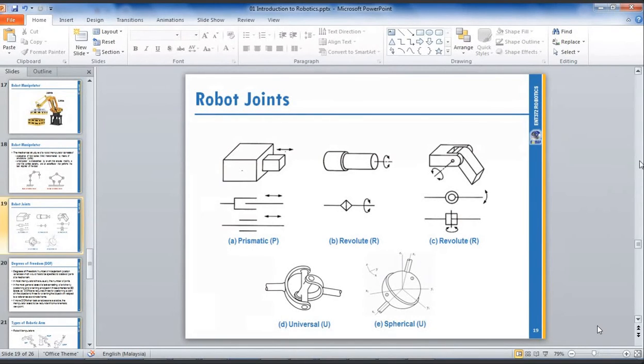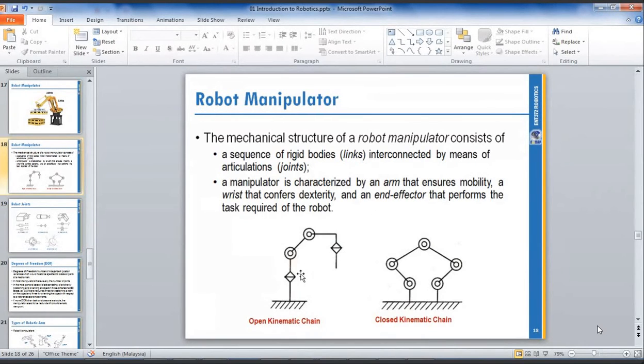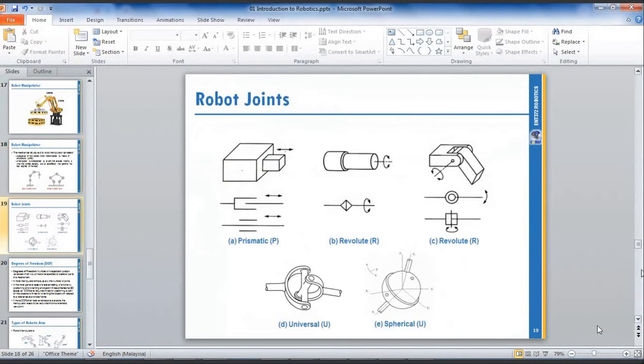You can see here, this is revolute at the bottom side. This is revolute at the arm side. But the symbol is the same, R.